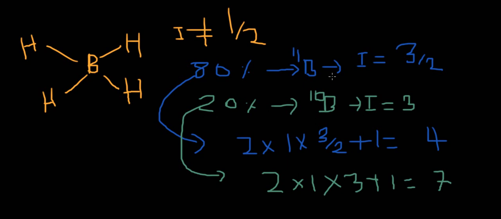So due to the 2 spin active nuclei, where I value is not equal to half, boron will show in total 11 peaks. 7 is for the 20%, and for the 80% there are 4.